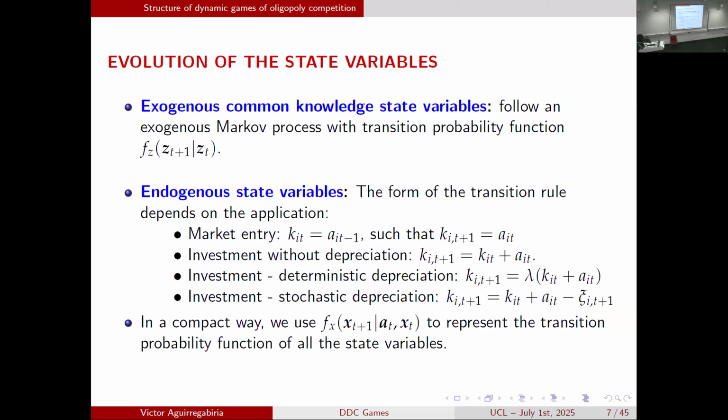This is the one that I have mentioned before, a deterministic transition, but with some depreciation rate, and also a stochastic transition where there is some stochastic depreciation rate. I'm going to use F_x to represent in a compact form the transition probability of all the state variables, the endogenous and the exogenous state variables.